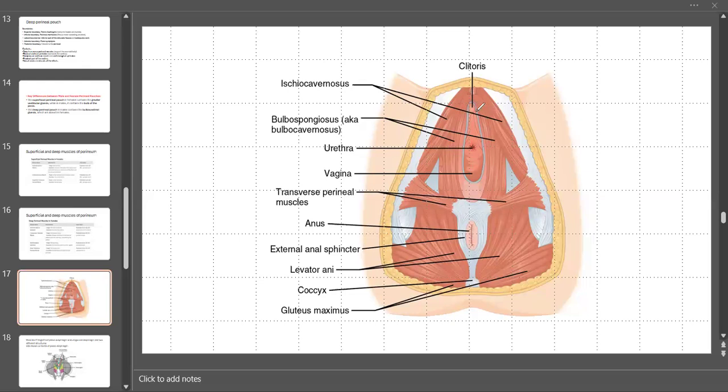This is the bulbospongiosus muscle, this one, on both sides. This is the ischiocavernosus, you can see, and these two are the transverse muscles. Where is the perineal body, guys?